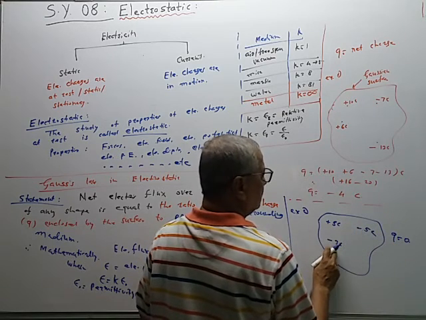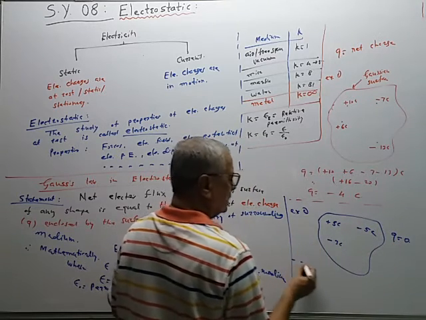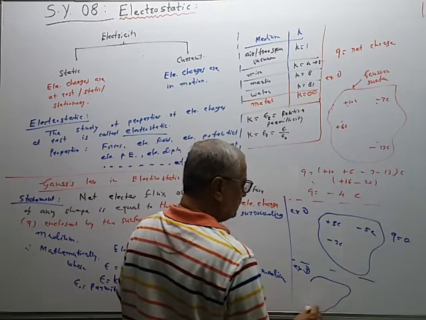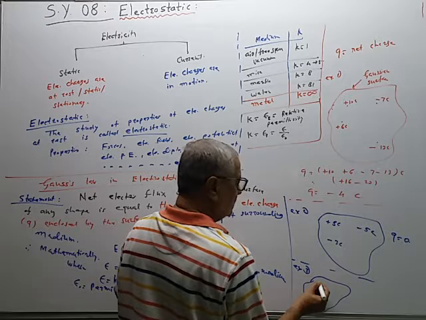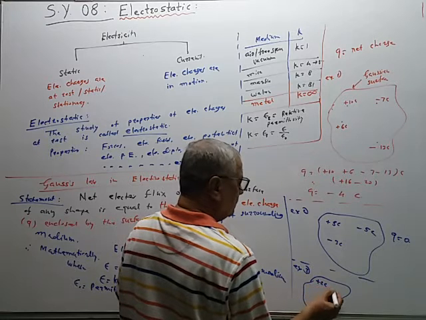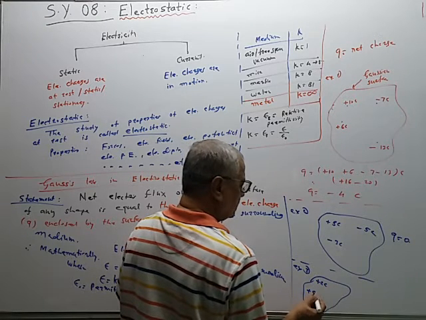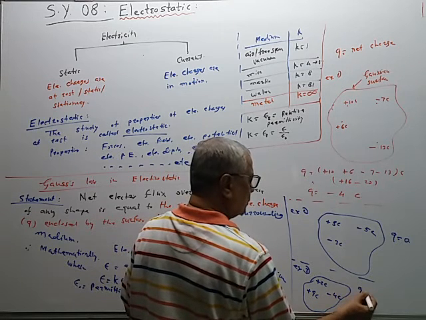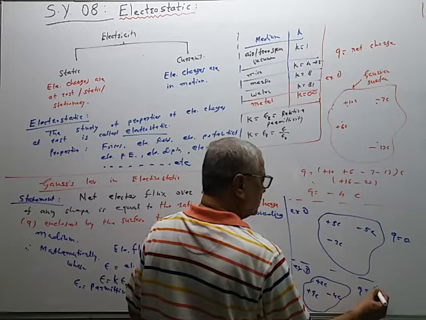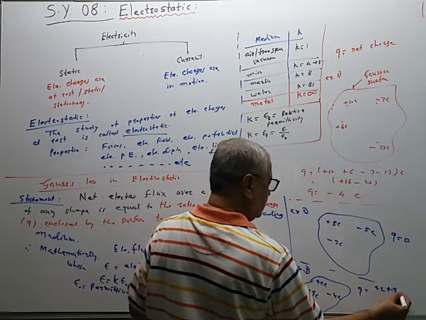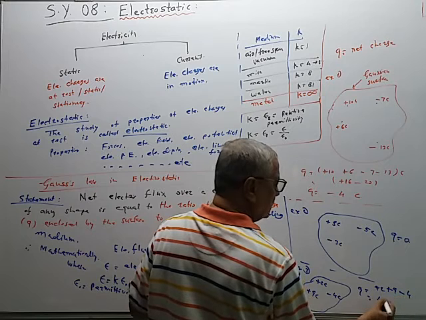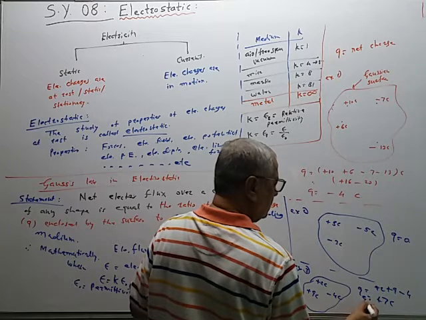Plus 8 minus 5 minus 3. Example 3. This is a closed surface of any shape. Say this is plus 2 coulomb, plus 9 coulomb, and minus 4 coulomb. So Q is equal to plus 2 plus 9 minus 4, that is 11 minus 4, equal to plus 7 coulomb.